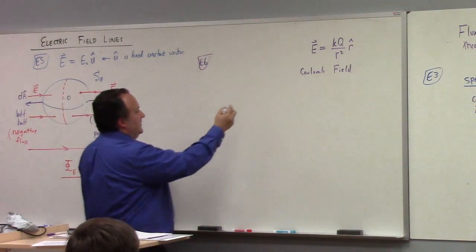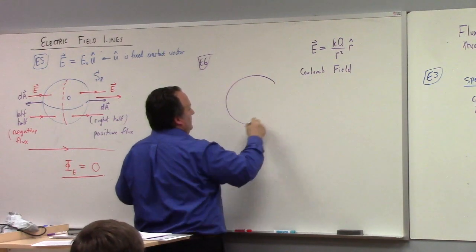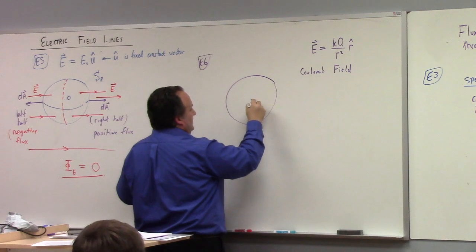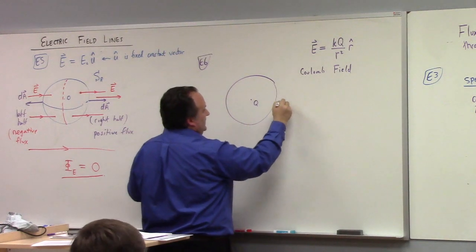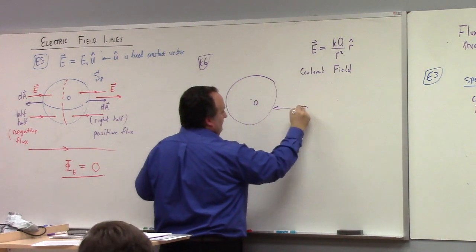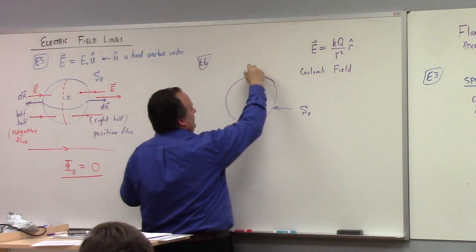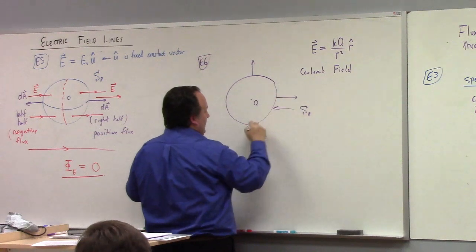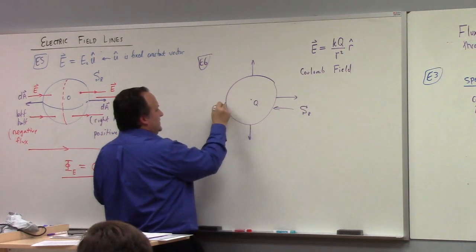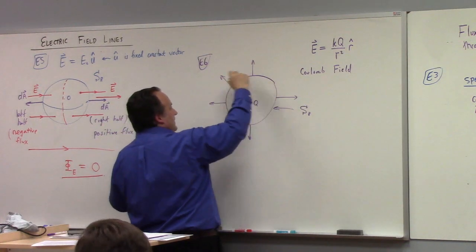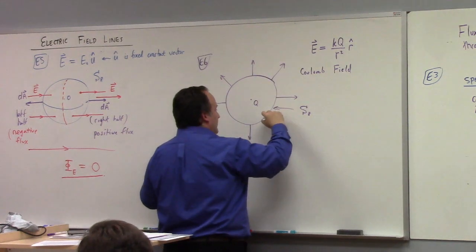And so I'll just draw it two-dimensionally. So here's my Q. Here's my sphere of radius r. And notice that the electric field and the outward pointing normal to the sphere, they are in agreement.